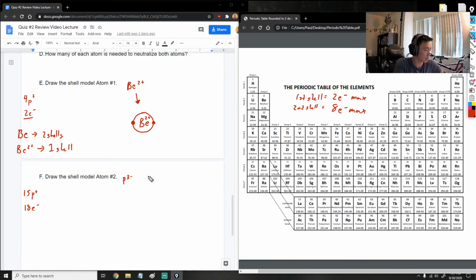Alright, moving on to the next one, P3 minus. If we look at P3 minus, it's on row number 1, 2, 3. It's on the third row. So that means it's going to have 3 shells.